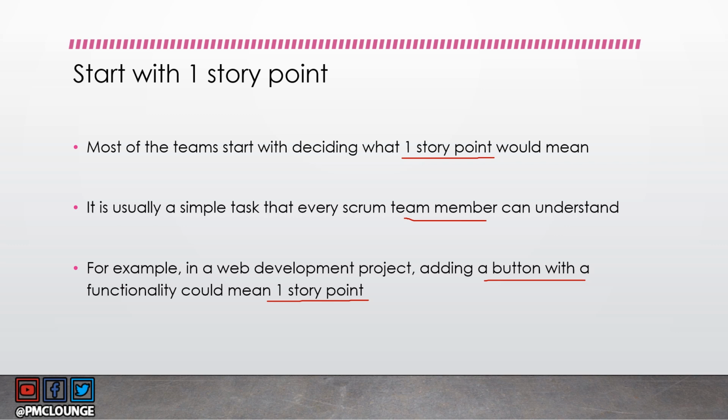So every single Scrum team member will now have an idea of the kind of effort required when it comes to one story point. So if they see a user story and they assign one story point, they understand the kind of effort required, right? Because they know that it should be equivalent to adding a button with some functionality. That's one story point. So when they see 3 story points, all of them should have a fair idea of the kind of effort required. That's the whole point, and that's why you start with one story point.